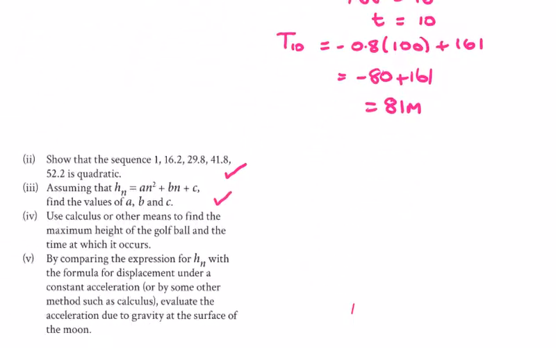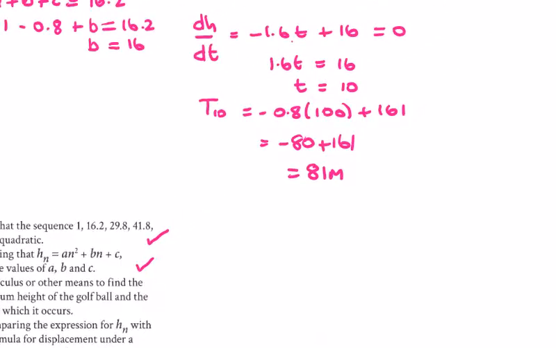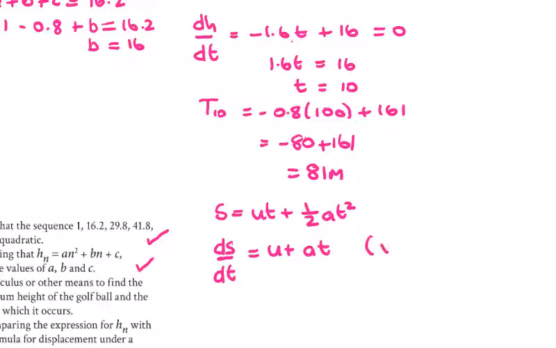And then the second part was about acceleration. Now I'll just write out displacement. They're asking you to look at displacement. ut plus a half at squared is my displacement. ds/dt will give me u plus twice a half, which is 1, u plus at, which you all know is speed. And if we differentiate this twice, d2s/dt2 will give us a.